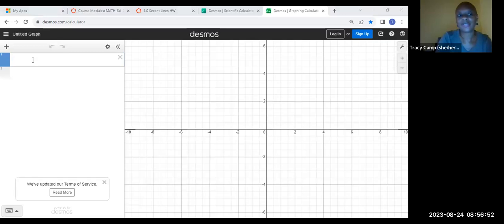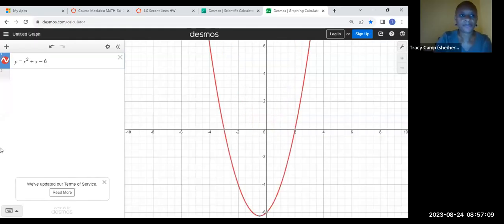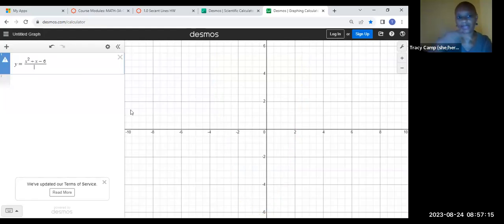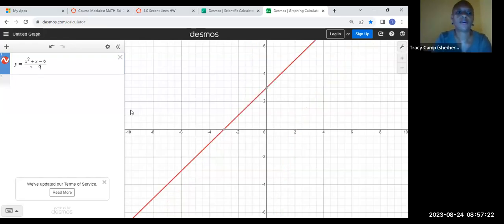And I'm going to enter this slope. So I'm just going to call it y equals x squared plus x minus 6, and this is all over. To make it all over, highlight the whole thing and then press the division symbol, the slash, and then I have over x minus 2.